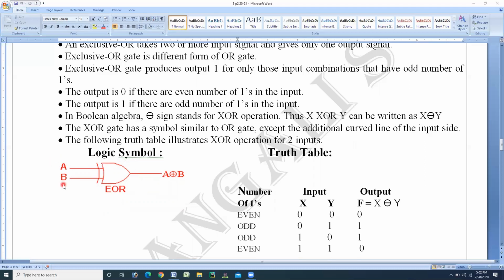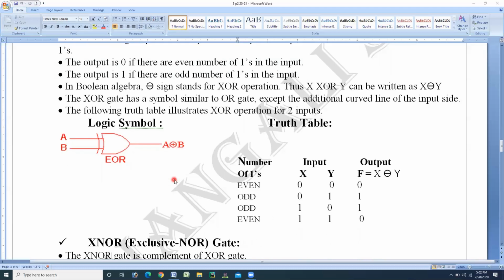If A and B are the inputs, then the output will be A XOR B. This symbol is nothing but exclusive OR. It means for plus we are circling. Only plus means OR. For plus you can circle that, that becomes exclusive OR. Then the main thing in this is the truth table.